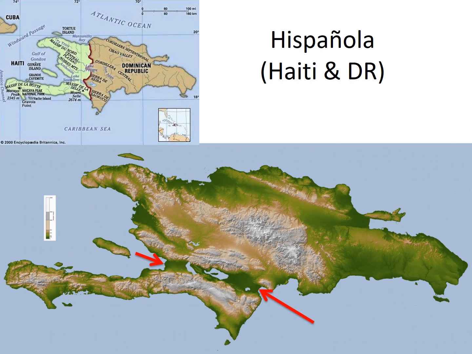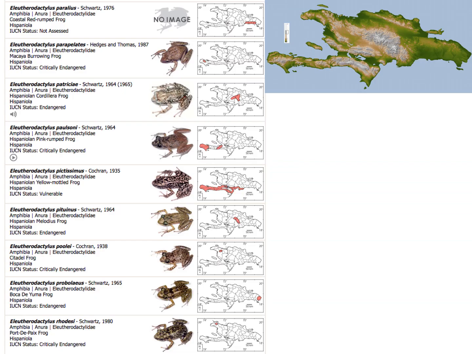And what is so cool about this is, now that you've seen the geological history, you understand that these were two islands that have since collided, and very recently collided. It should make sense to you when you look at biological patterns like this group of frogs, okay? Look at this group of frogs, these Eleutherodactylus, and where each of these species can be found.